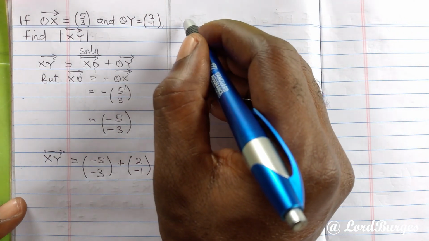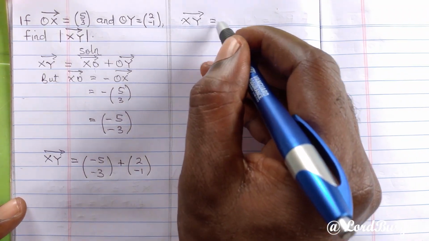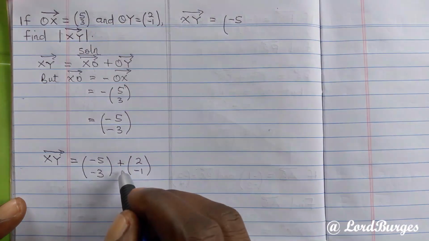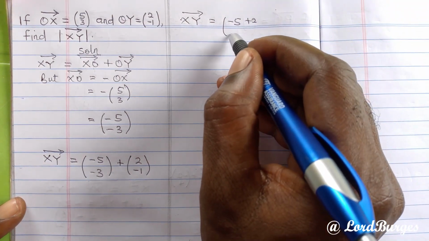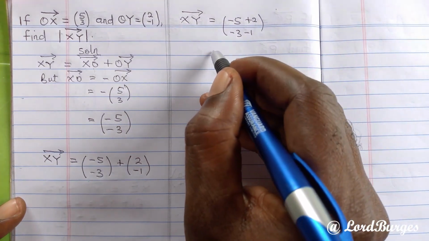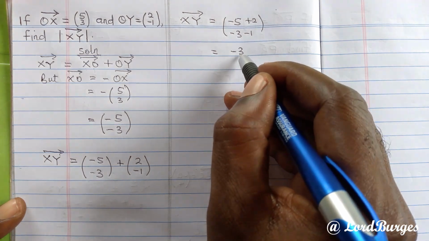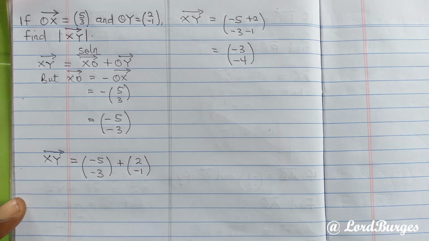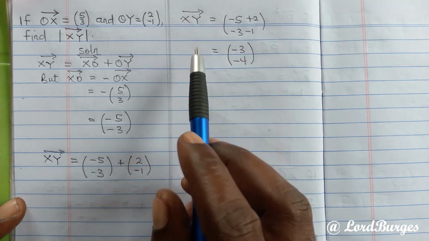So this vector XY will now be equal to -5 plus 2, then -3 plus -1, which will result in (-3, -4). So that is the resultant vector XY.